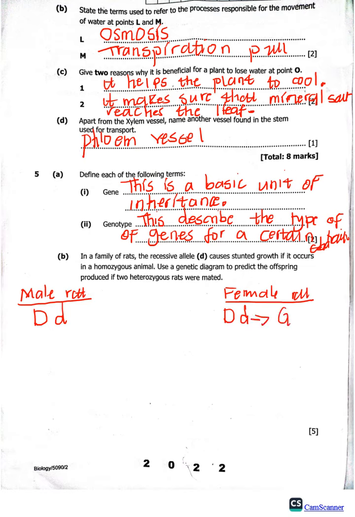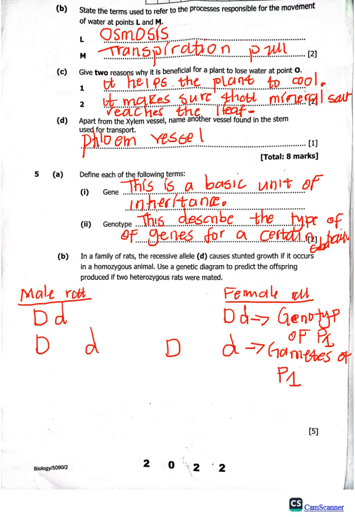So these are what we call the genotype of the parental generation. Now after that, we need to separate these. After separating these, we now form what we call the gametes. Gametes of the first parental. Now we can do the crossing.